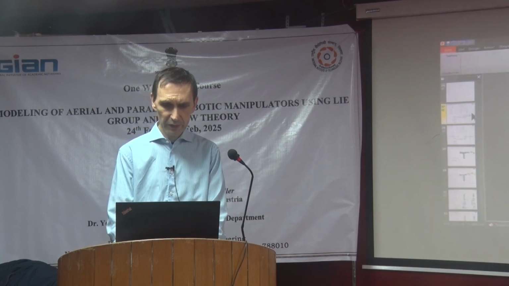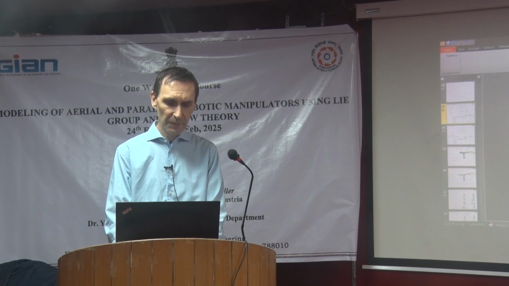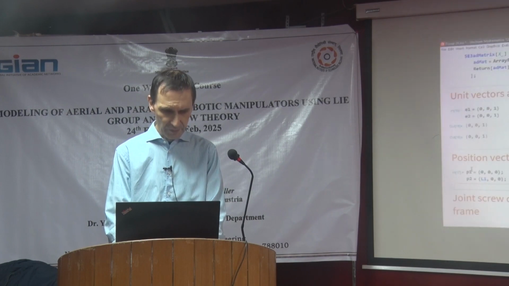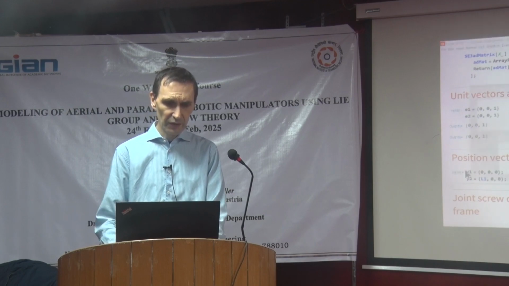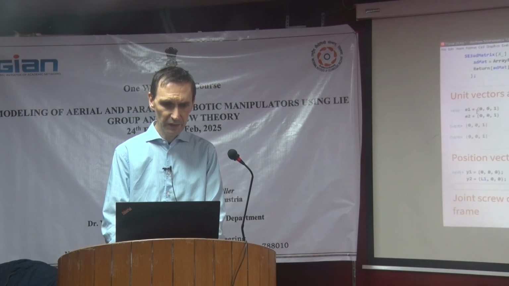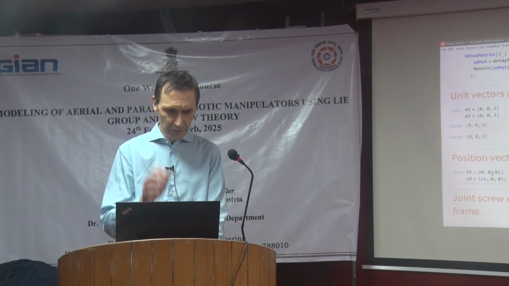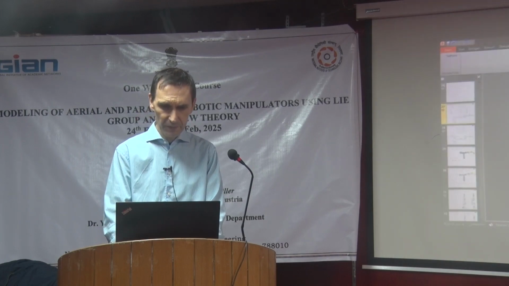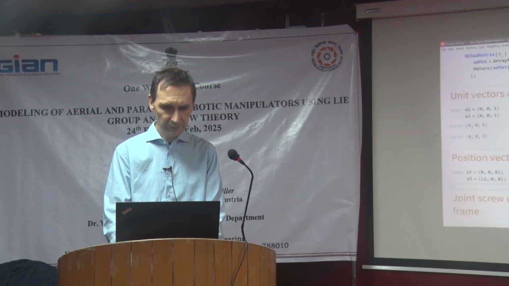So we said P1 and Y1. The notation is a bit mixed up here. If you want, you can call this Y and this also. So E1 is 0, 0, 1. So 0, 0, 1. And E2 the same. So Y1, Y2 is, as we said, 0 and L1.